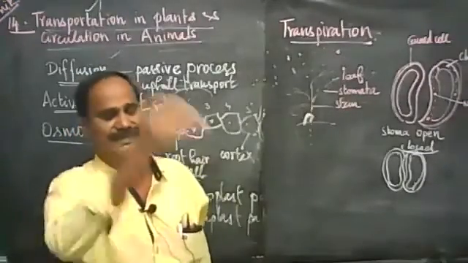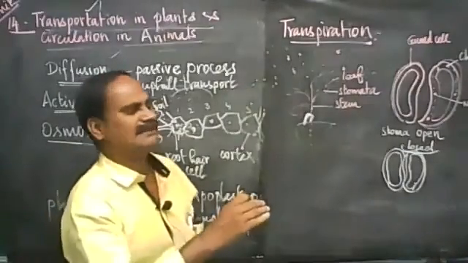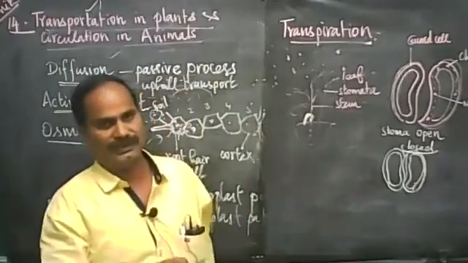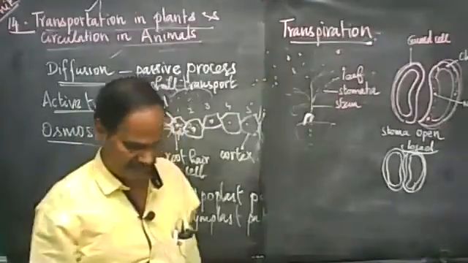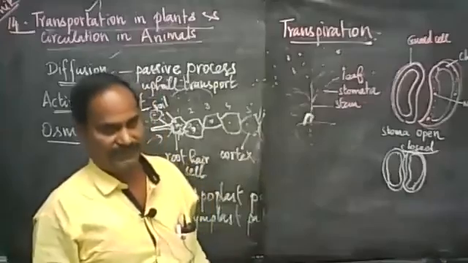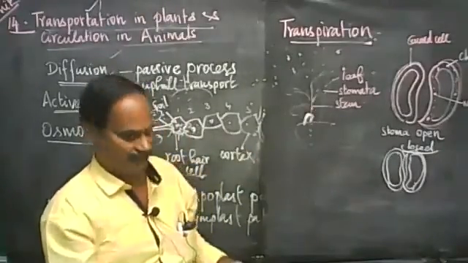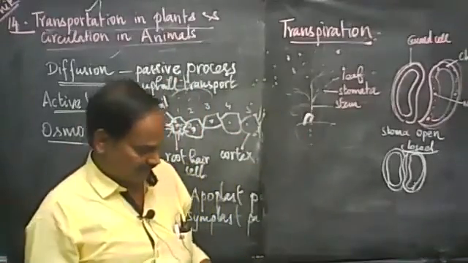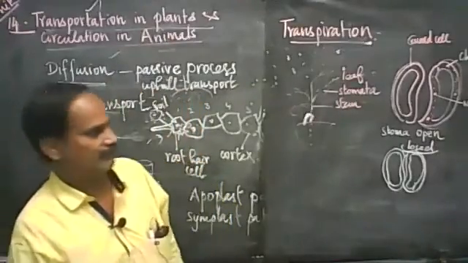The leaves are located in sunlight, so it cools them, and the cells hence maintain their shape.